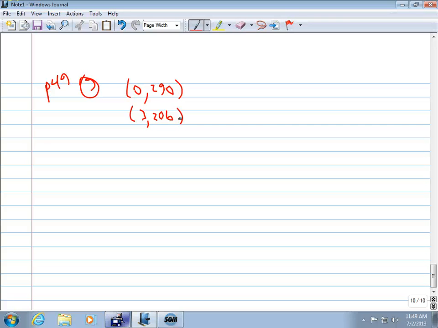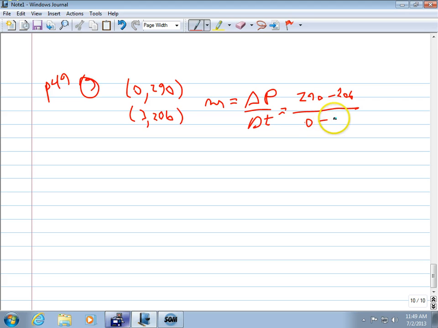You've got to calculate what? The slope. All right, so let's do it. So the slope is, let's see, M is delta P, or delta Z if you want zebras, over delta T. So that's going to be 290 minus 206 over 0 minus 3.